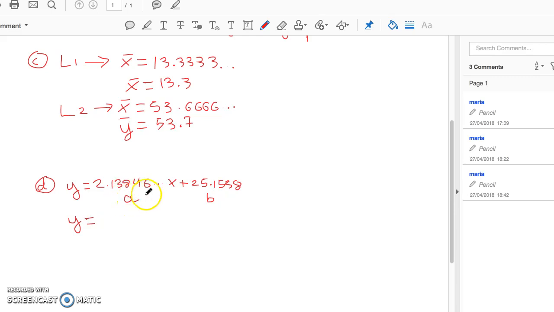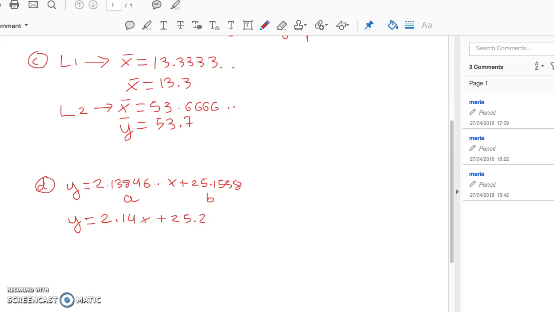The value of A with the x, the value of B without the x. I need 3 significant figures, so I go for 2.14 x, that's the A, plus 25.2, 3 significant figures, I need one more, so I put a 2.